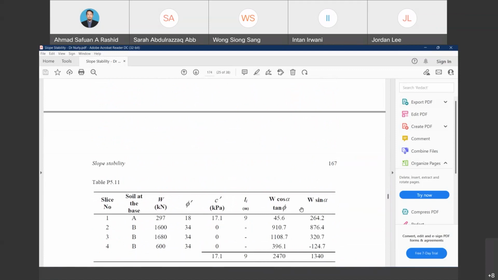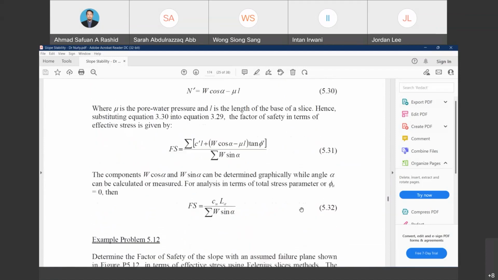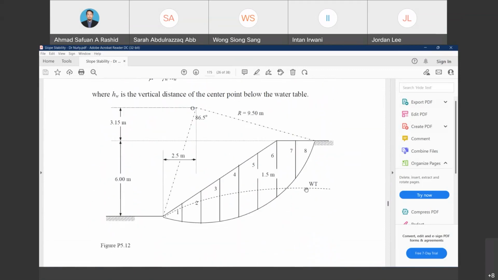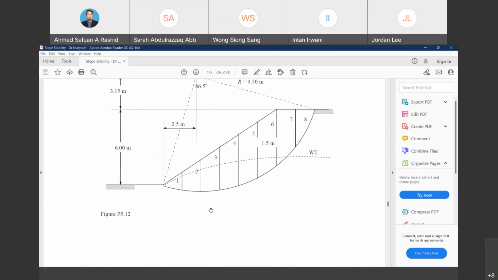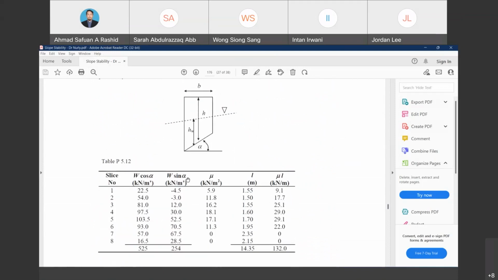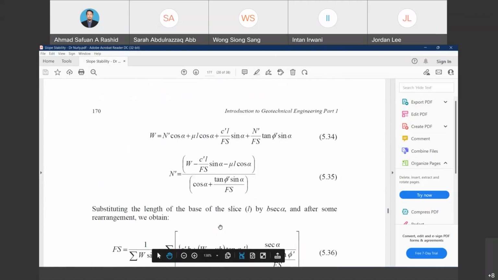For this example of Dr. Noli, this is the water table. She used directly the height of the water table without using the flow net approach. However, it's still very difficult to understand how to get the alpha, unless we refer to Dr. Kamarudin's example. So the last one is the Bishop.